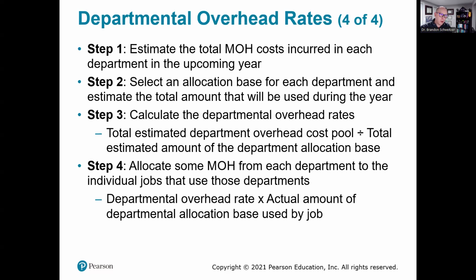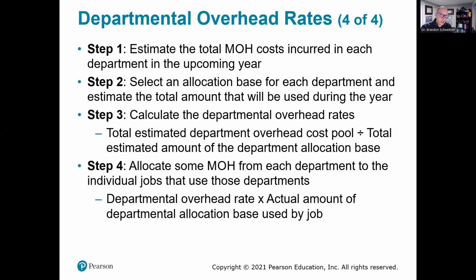These estimates are called departmental overhead cost pools. The second step would be to select the allocation base for each department and estimate the total amount that will be used during the year. Again, the allocation base might be something like direct labor hours.